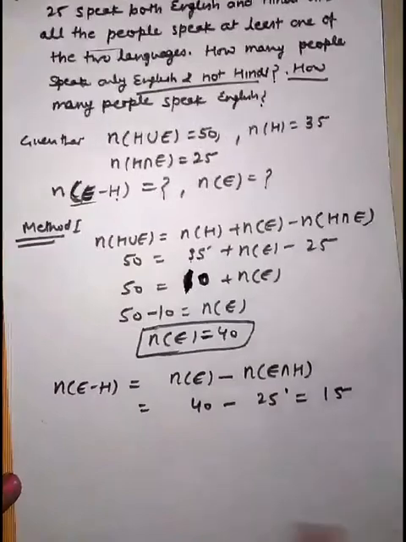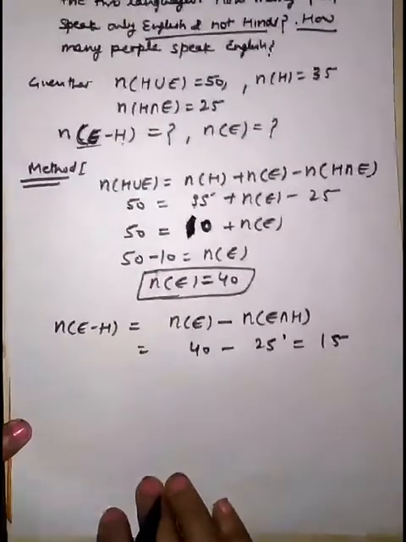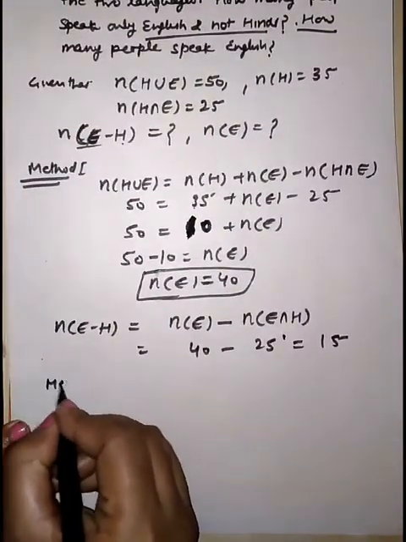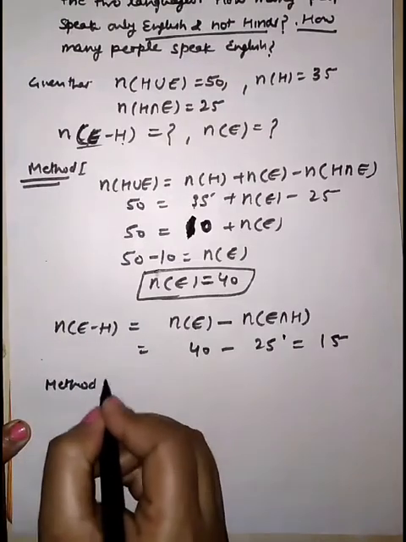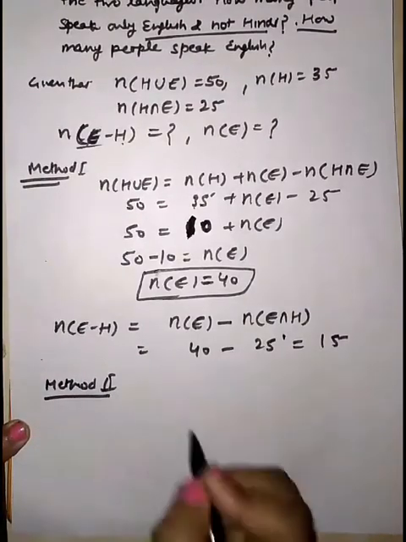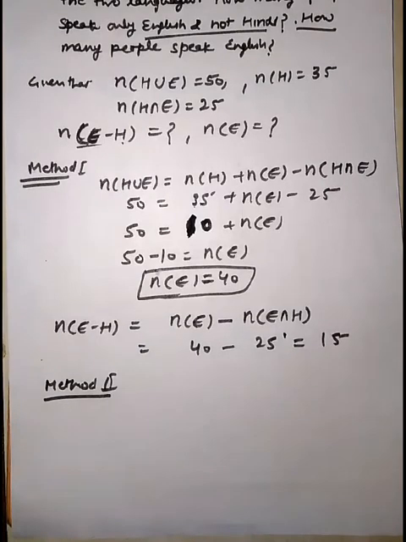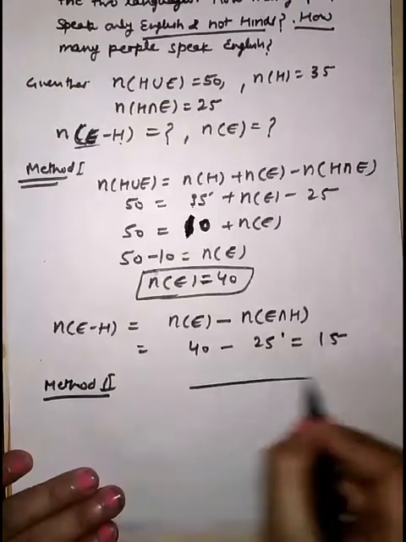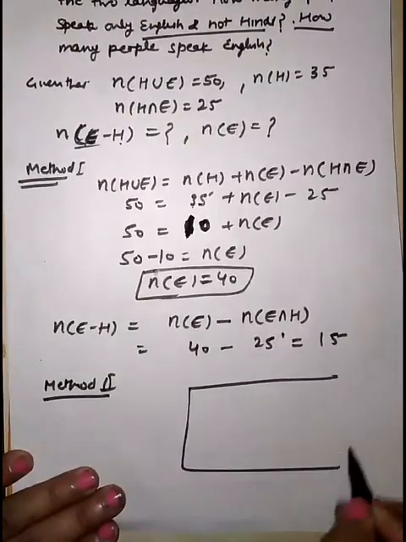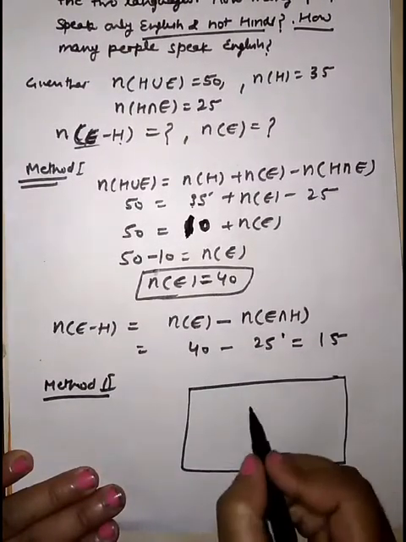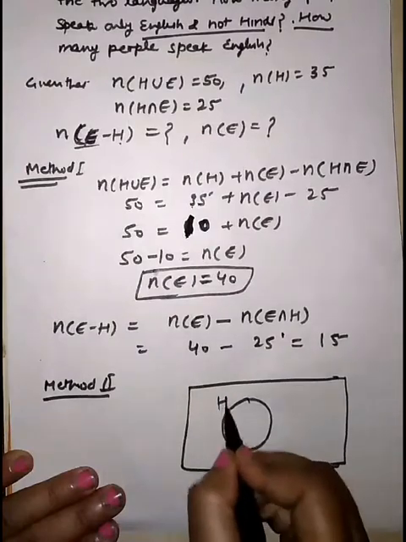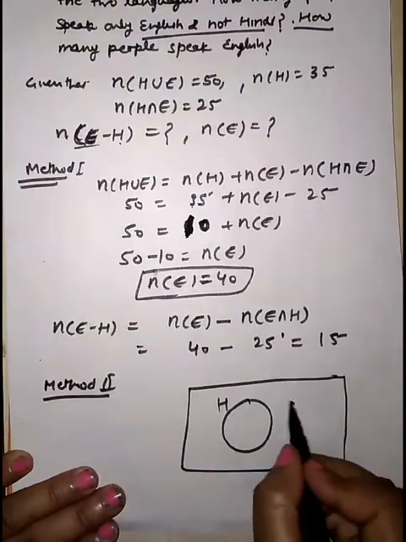Now taking the second method, through the Venn diagram. So friends, make the Venn diagram. This is your set of H, Hindi.